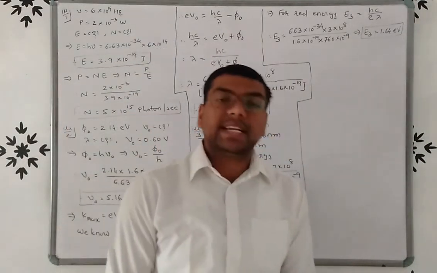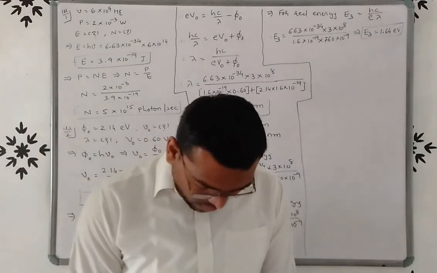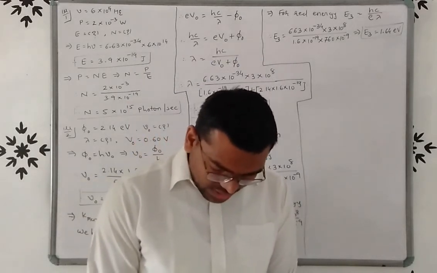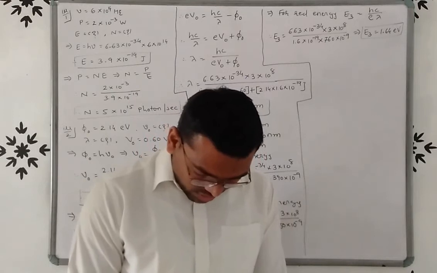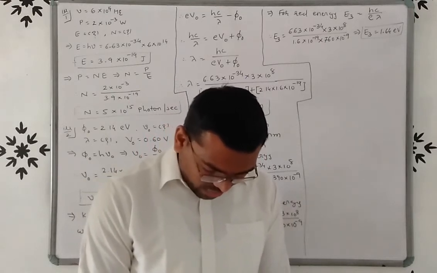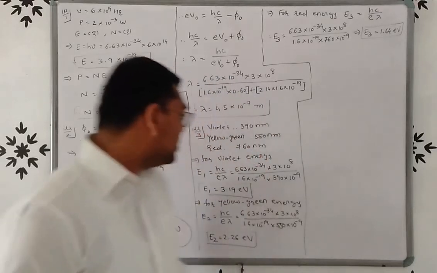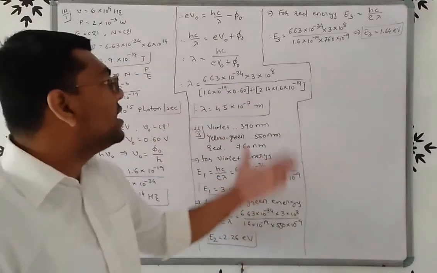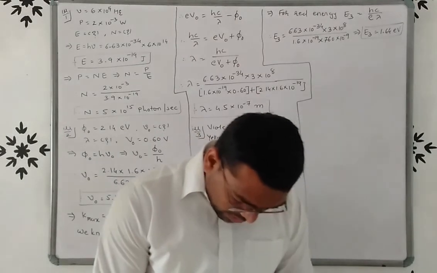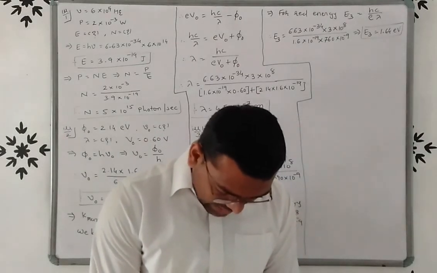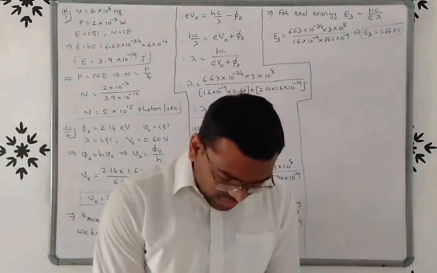Now see the second case. From which of the photosensitive materials with work function listed in table 11.1, when using the results of 1, 2 and 3, so results of violet, yellow green and red, can you build a photoelectric device that operates with visible light?